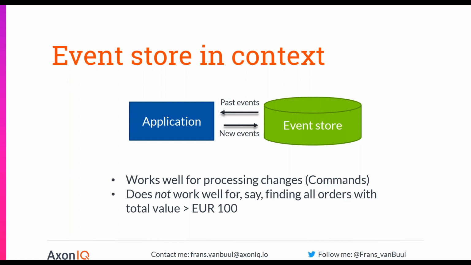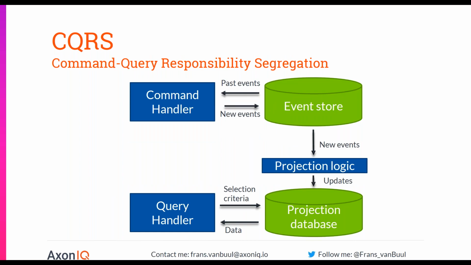And for this reason, event sourcing as a pattern is nearly always combined with another pattern called CQRS, Command Query Responsibility Segregation. And the idea there is that we still keep this application and event store communication that we had in the previous diagram, but we now only use that part to process commands, so to process actual transactions.